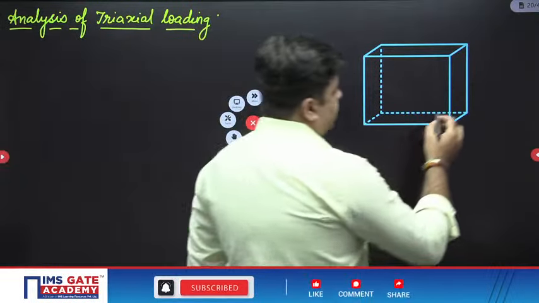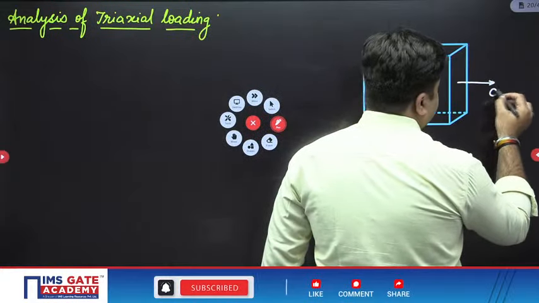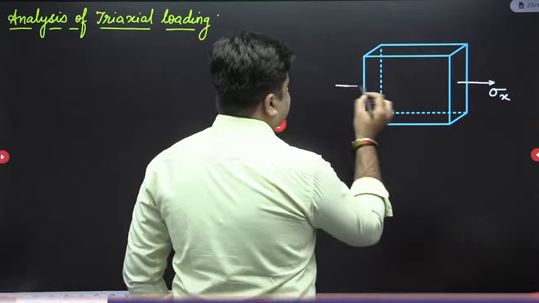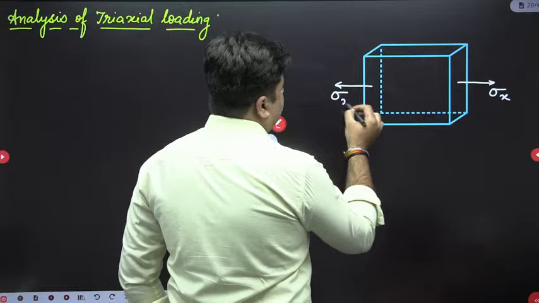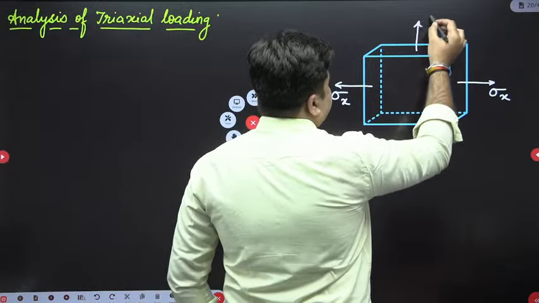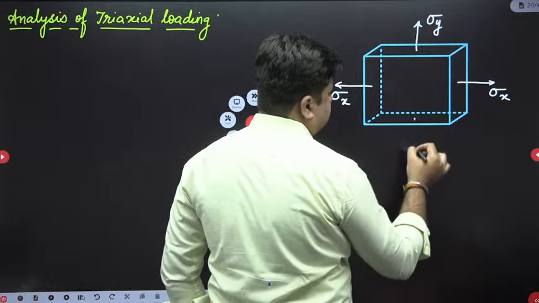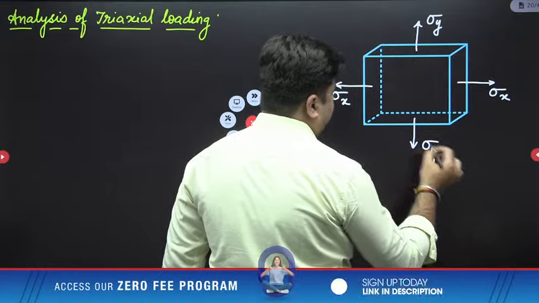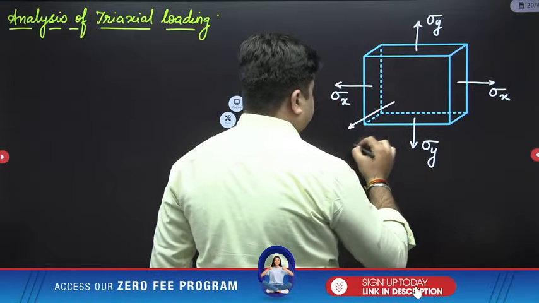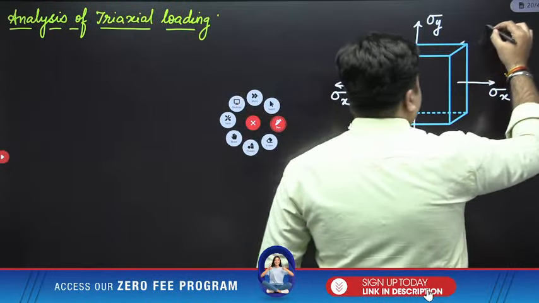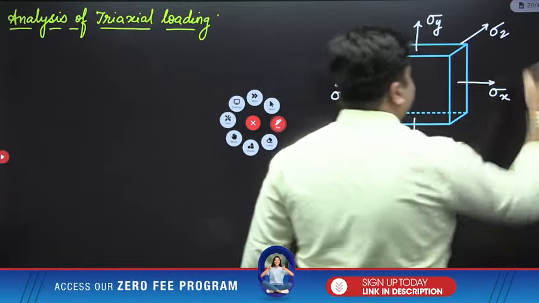This is normal stress along x direction, sigma x. Normal stress along y direction is sigma y, and normal stress along z direction is sigma z.